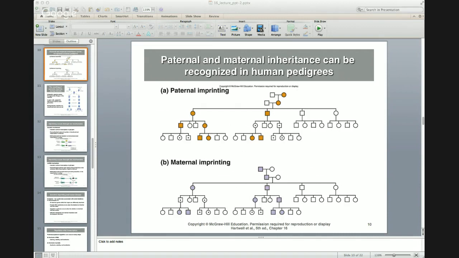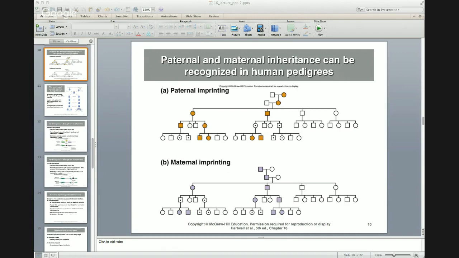The insulator, we know, is found between the enhancer and the promoter. Here's the promoter, the enhancer, and the insulator found between the two.